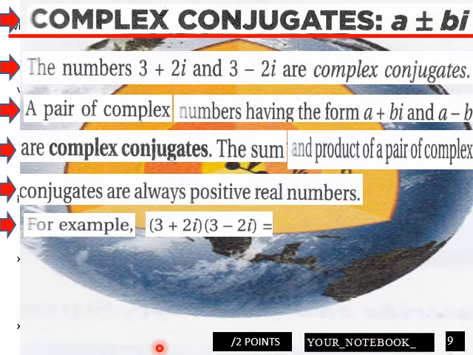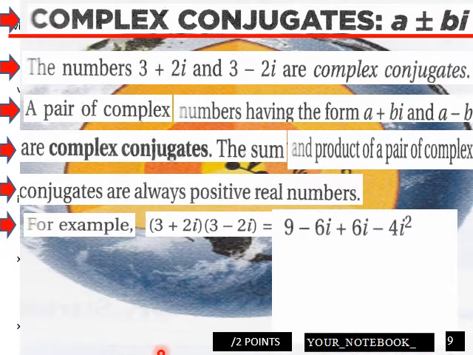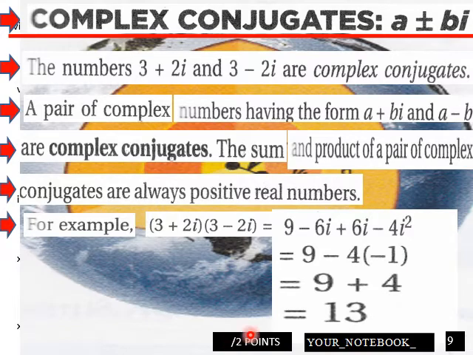For example, 3 plus 2i times 3 minus 2i equals 9 minus 6i plus 6i minus 4i squared. This equals 9 minus 4 times negative 1. 9 plus 4 equals 13.